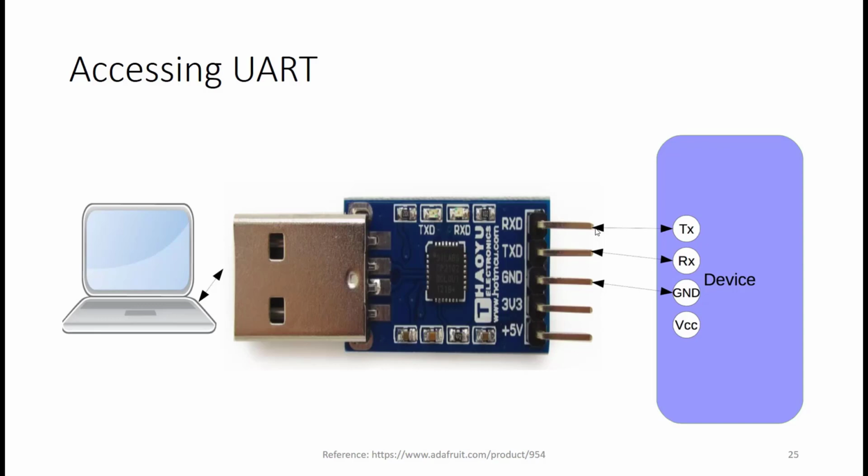Then you need to connect the ground of the connector and the device. Once this connection is ready and the device is in operational mode, you can see the data on the serial interface of your laptop. That could be through PuTTY, Tera Term, or Terminator, kinds of third-party solutions.